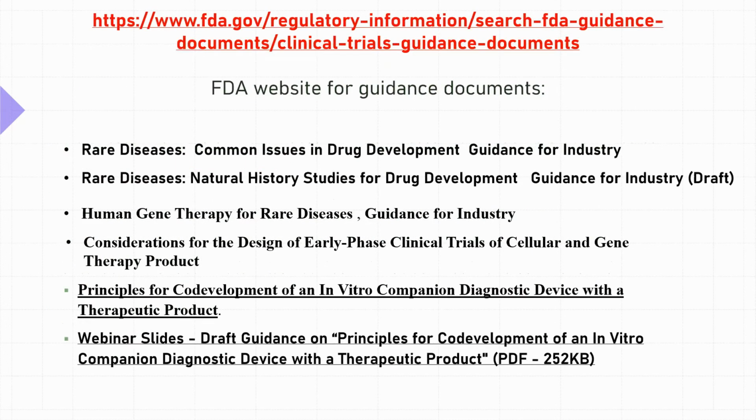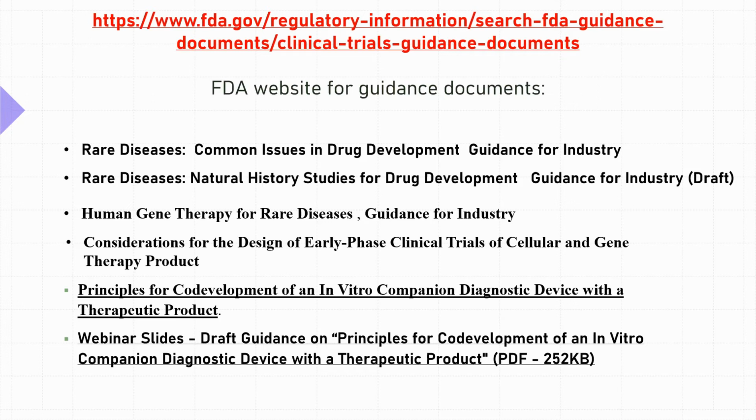Here they are. I'm not going to spend much time on them, but the web address for access to these guidances that are on FDA's website are provided on this slide.